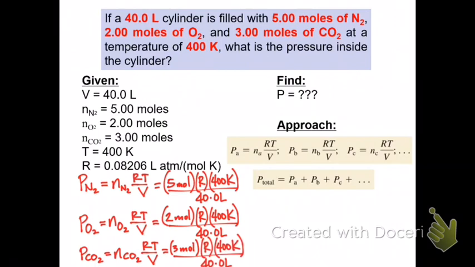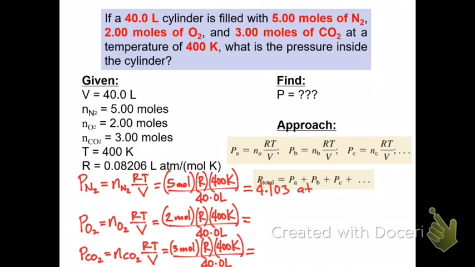All right, so now we can calculate the partial pressure of each of these individual gases. For nitrogen gas, 5 times the ideal gas constant, 0.08206, times 400 divided by 40, and we get 4.103.